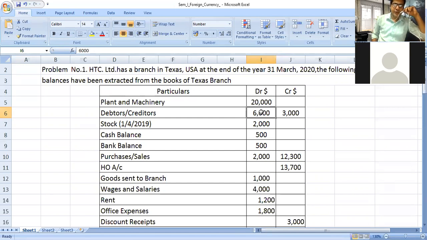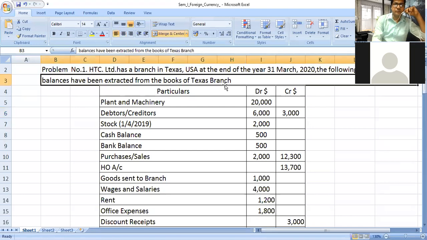Such branches depend on their head office, and we can say that they are an integral operation. The Texas branch depends on the Indian head office. So this accounting treatment is called integral accounting.